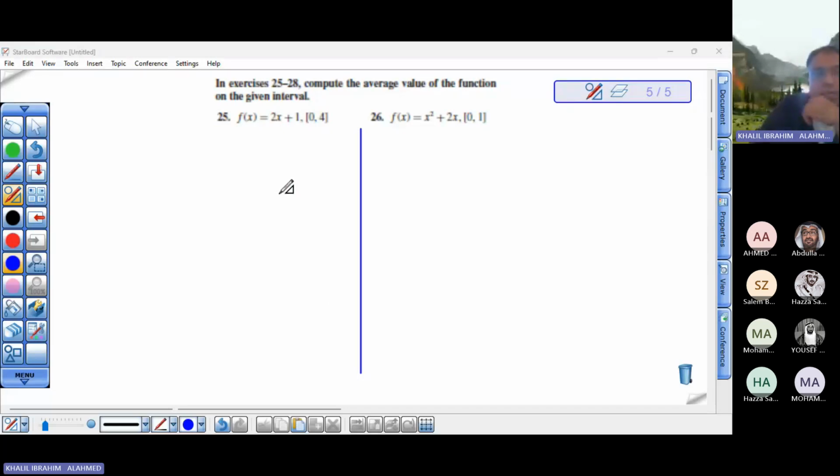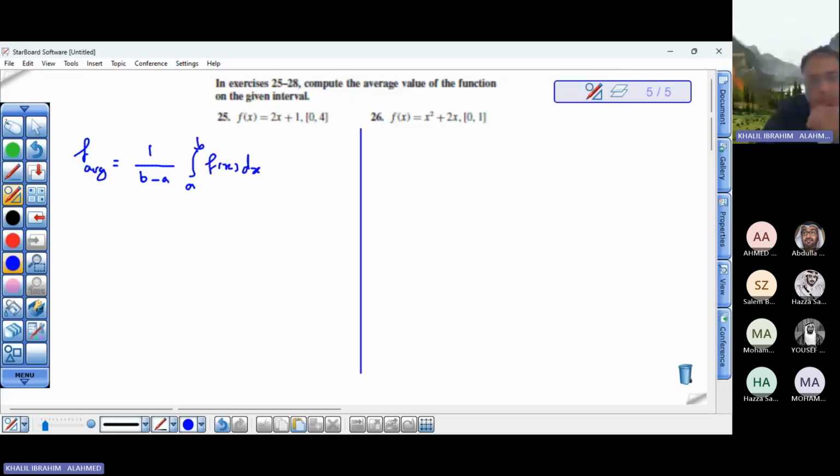Who solved the question? Who is solving the question? Okay, here f average equals 1 over b minus a, integral from a to b of f of x dx.